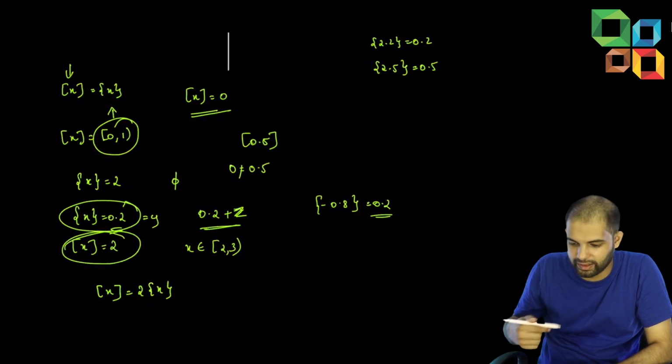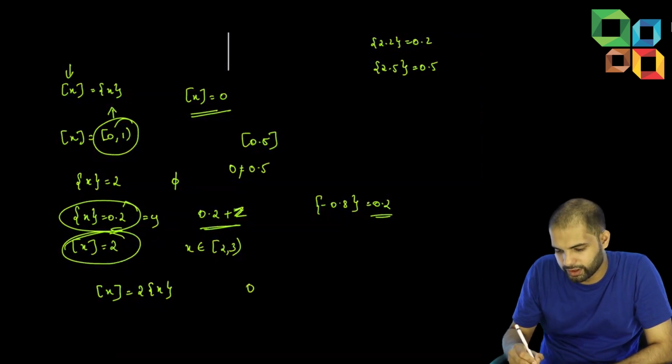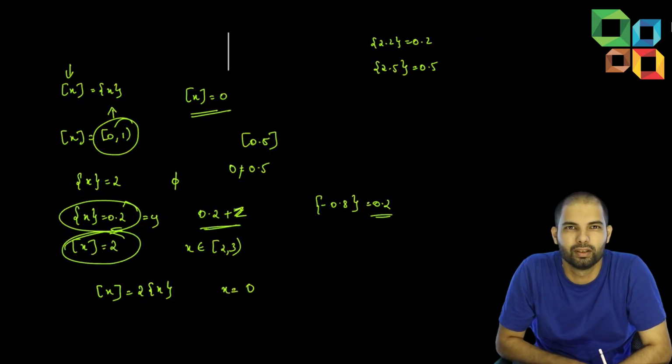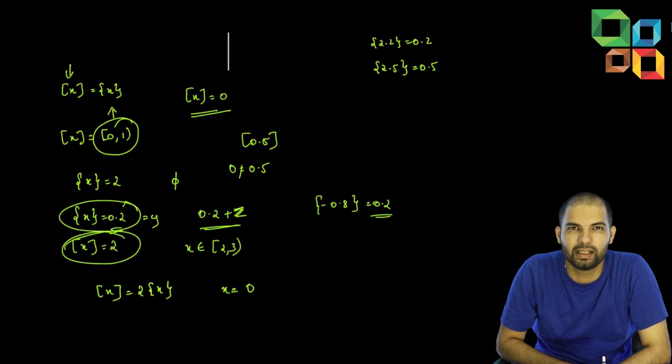One is very trivial, right? x equal to 0. Usually it always satisfies these simple problems, when you have a fractional part on one side and the integer part on the other side. If all are 0, obviously both sides will be equal. Apart from 0, is there any solution? That's what my question is.